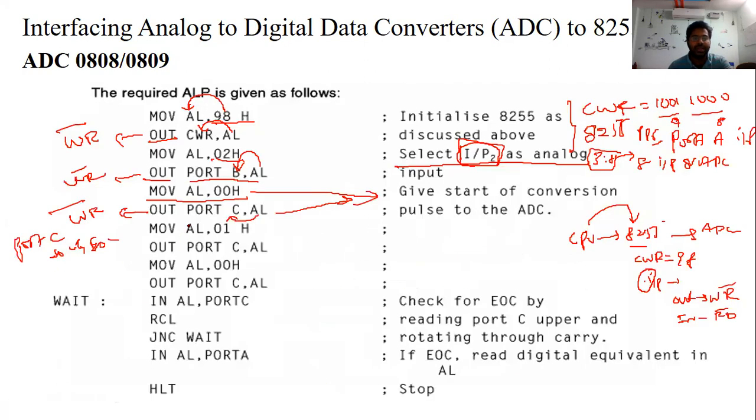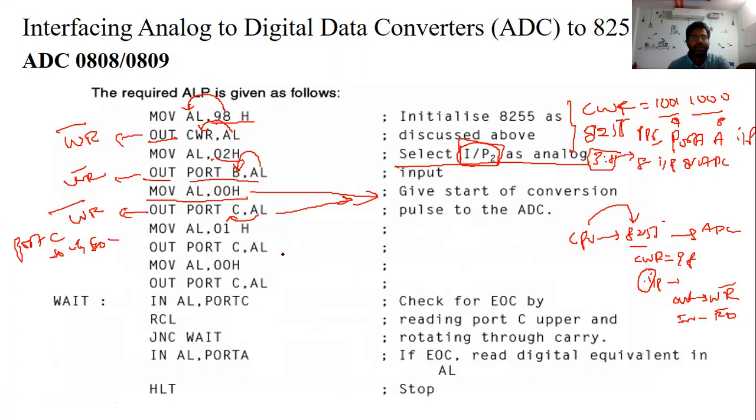You start the starting process: you load port C as 00. We just simply move 00 to AL, then AL to port C. Now this is the startup. Now it starts.